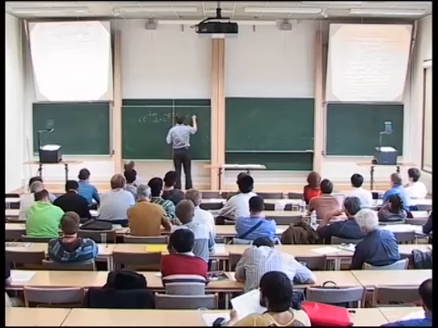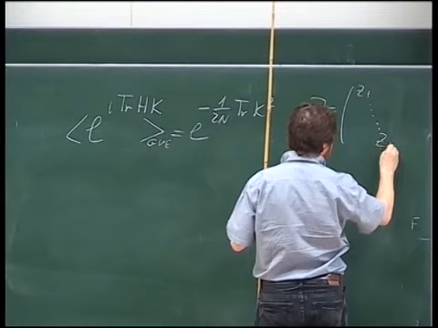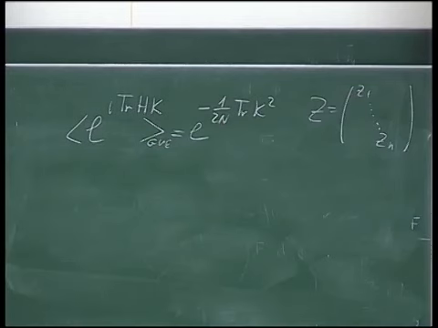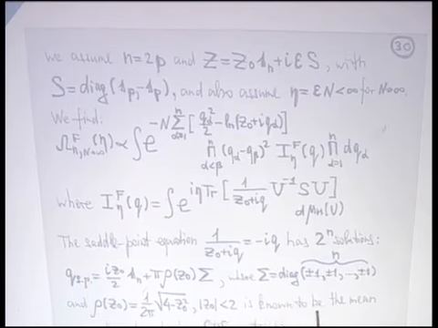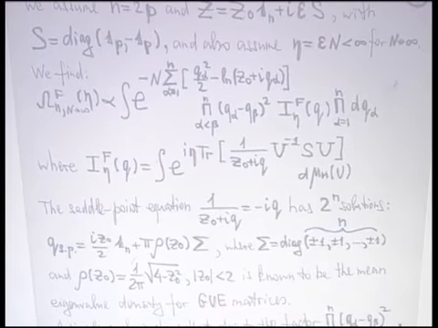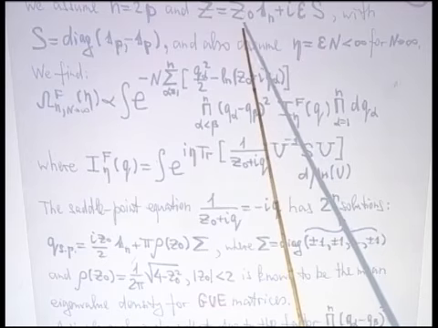Z is a matrix of these spectral parameters which enter individually in each characteristic polynomial. So I assume that the real parts of all these are just the same and equal to z naught. Yesterday I assumed even further that z naught is 0. Here I just decided to show what happens if it's not 0, but it's not a great deal. So they are all equal to z naught.